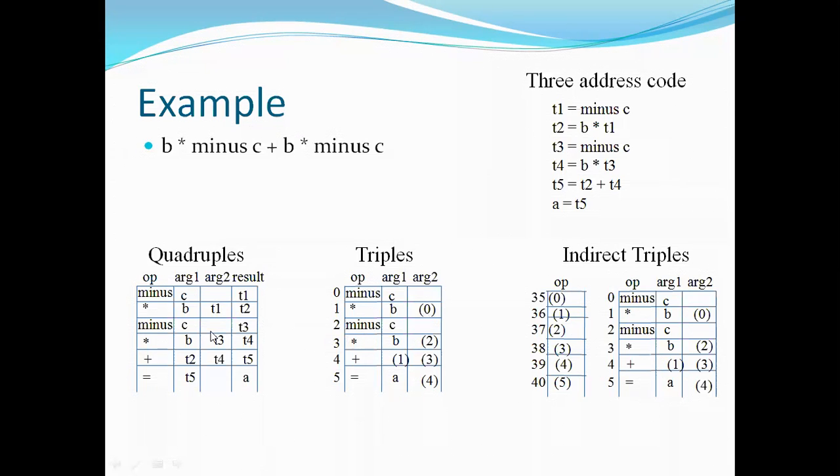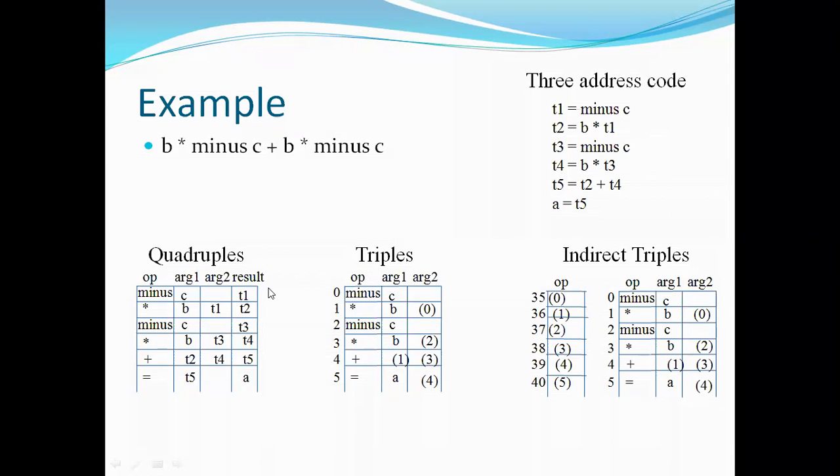And in the place of T3, the reference number is 2. That means 0 is for T1, 1 is for T2, 2 is for T3, 3 is for T4, 4 is for T5. Is it clear now? Now, it is 5 for the last row.